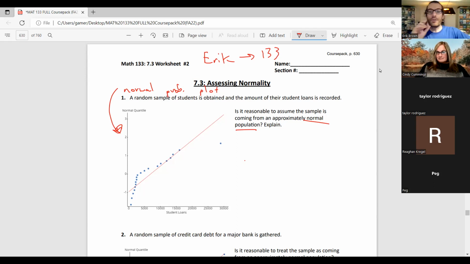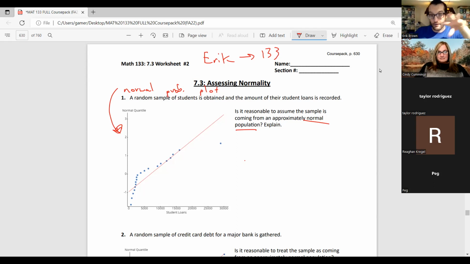With the residual plot, we looked at whether that plot was randomly dispersed. If it was, then the regression equation we found was a valid and useful tool. If it wasn't randomly dispersed, then it was garbage. We shouldn't have done anything.